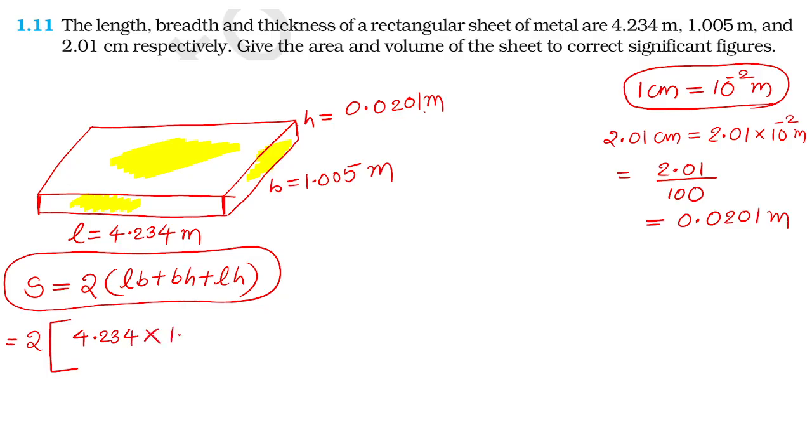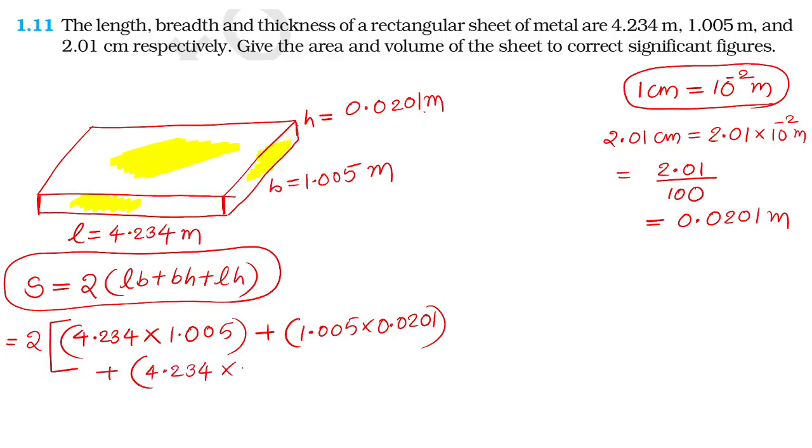B is breadth, 1.005. I told you initially there are a lot of multiplications involved, but in the actual exam, if the question is asked, they will give us much smaller numbers. BH will be 1.005 into 0.0201, plus LH: L is 4.234 into H, 0.0201.